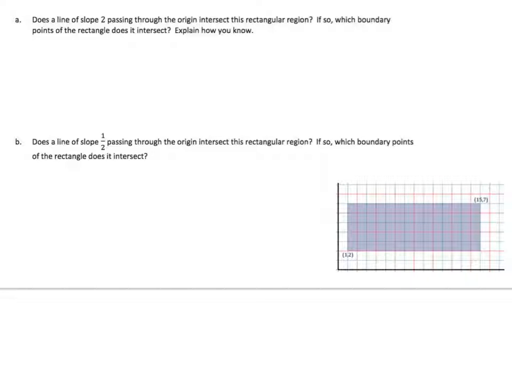First of all, does a line of slope 2 passing through the origin intersect this rectangular region? If so, which boundary points of the rectangle does it intersect? Explain how you know. So let's just start at our origin and count a slope of 2, which is rise over run.